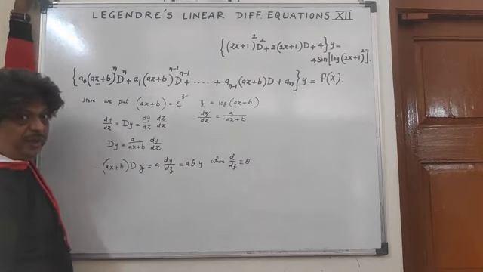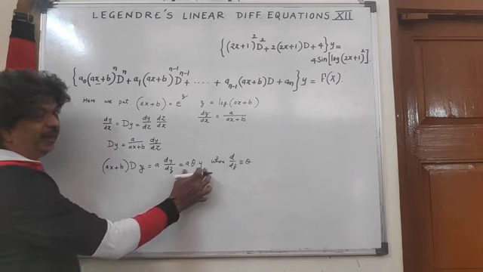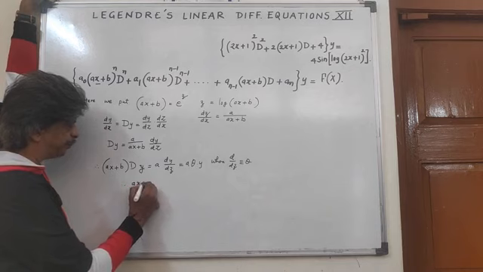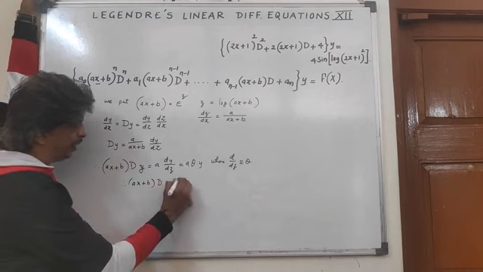So what we have seen over here, ax plus b times Dy is equal to a theta times y. In view of this, ax plus b times capital D is equal to a theta.